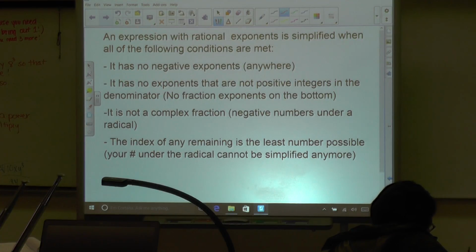It has no exponents that are not positive integers in the denominator. So what does that mean? You cannot have fractions on the bottom of your fraction. You can have them on the top, you cannot have them on the bottom. So none in the denominator. It is not a complex fraction. So that means there's no negative numbers under your radical. Okay?